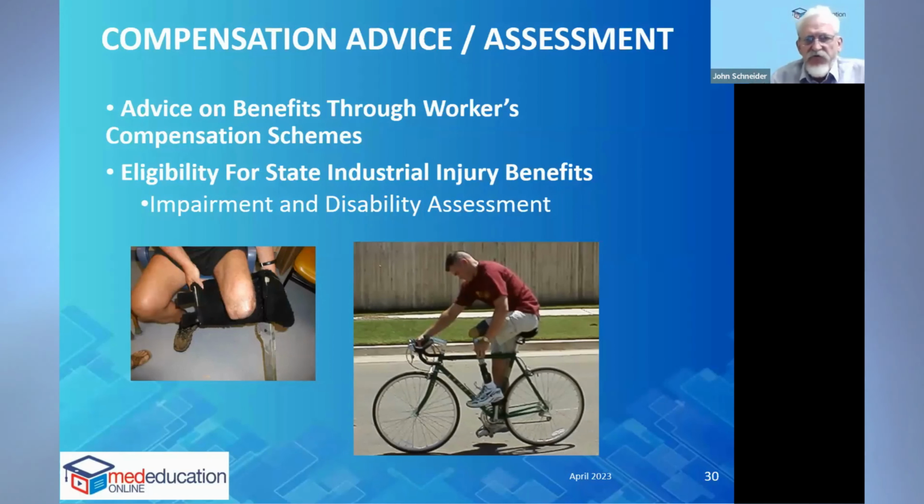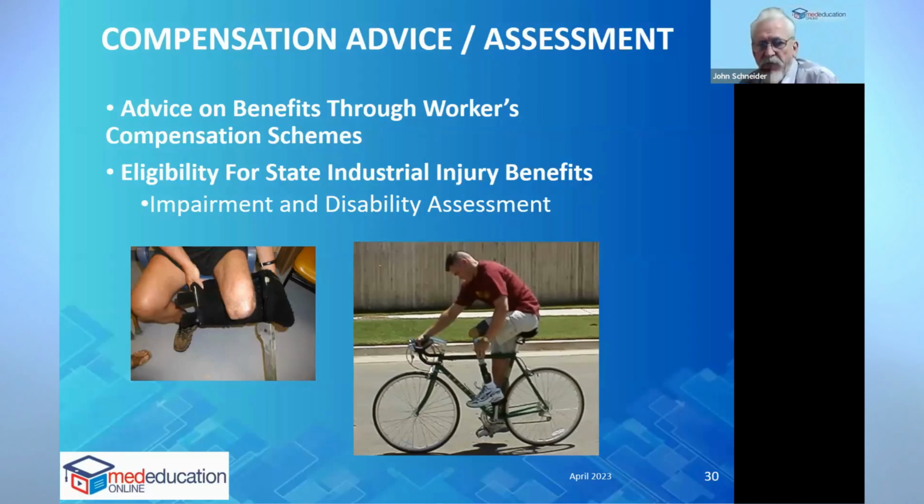And that's put forward by the World Health Organization. They've published it, where impairment is loss of a function of a particular body part or bodily function, and disability relates to how that loss of function affects the capabilities and the capacity of that injured individual.